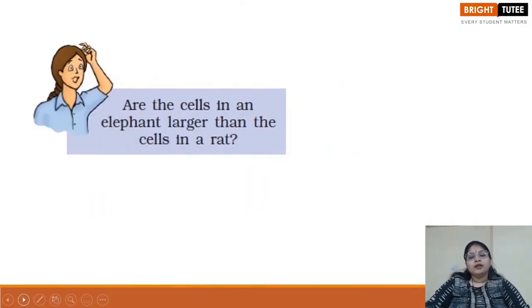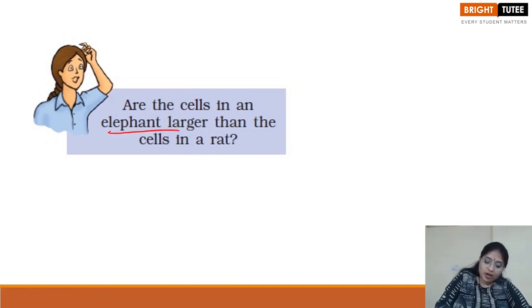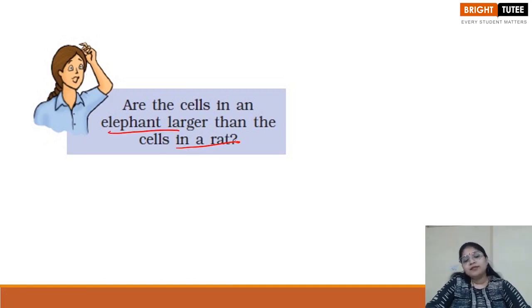Now, the question arises: are the cells in an elephant larger than the cells in a rat? When we were talking about the shape of the cell, we said that the shape is dependent on the function. But when we are talking about the size of the cell, is size dependent upon the size of the animal?